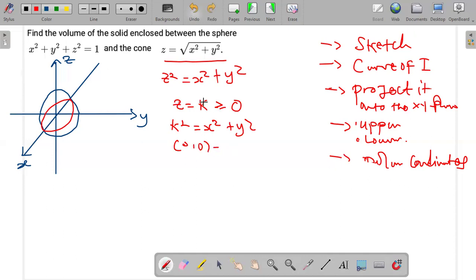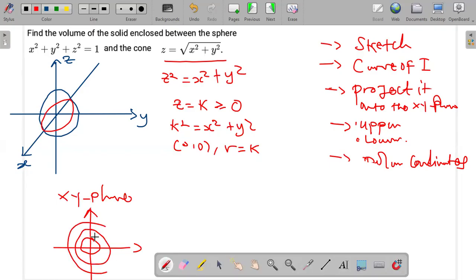K. The radius there is K. So in the X, Y plane, I'm going to see concentric circles like that. If I draw them, there's something like this. So this is what we'll be seeing in the X, Y plane.